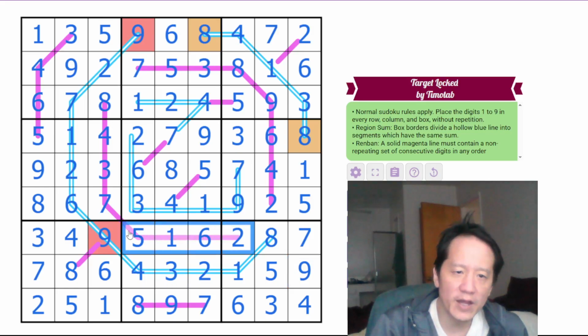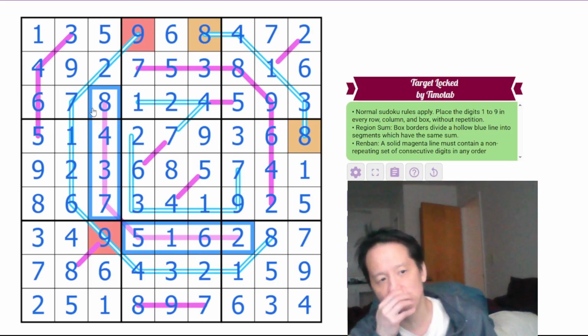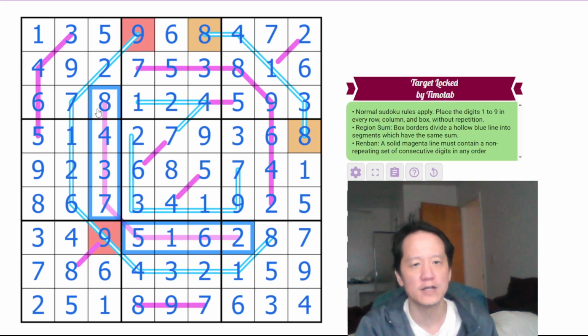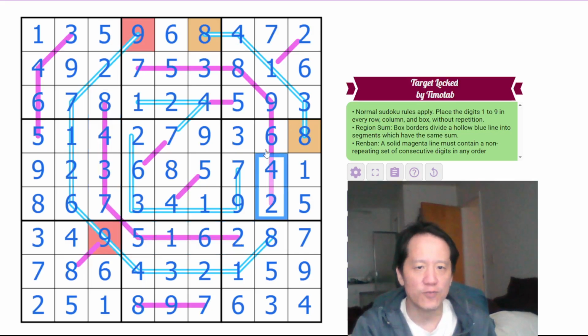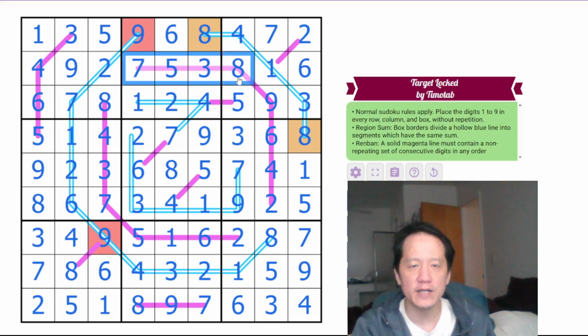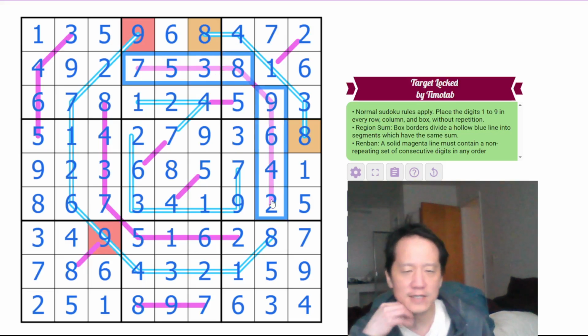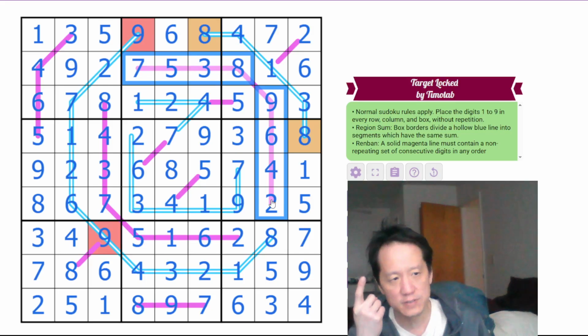Renbans are actually usually, I've seen similar things for these Renbans. It's very helpful, actually, just recognizing what digits must be on certain length Renban lines, right? So, for example, any 8-cell Renban line has to contain the digits 2 through 8.